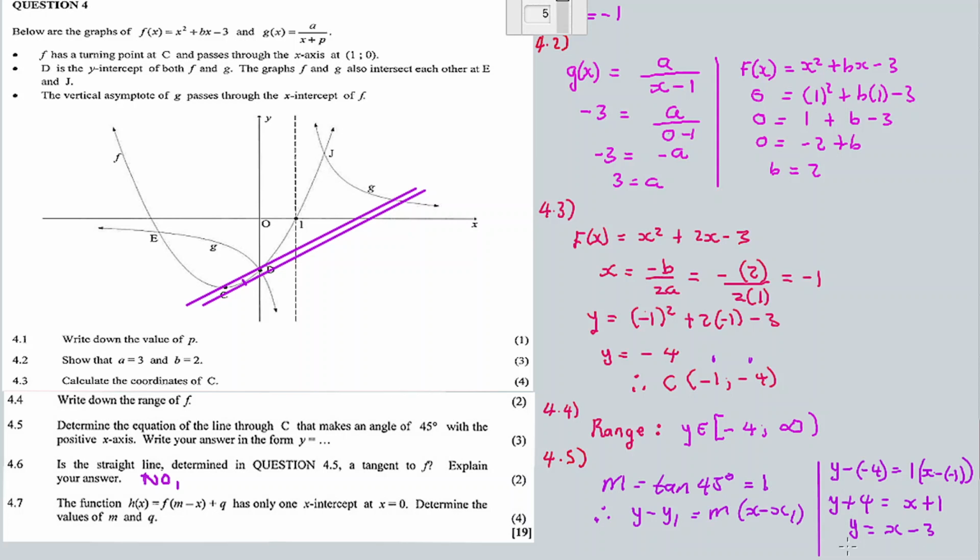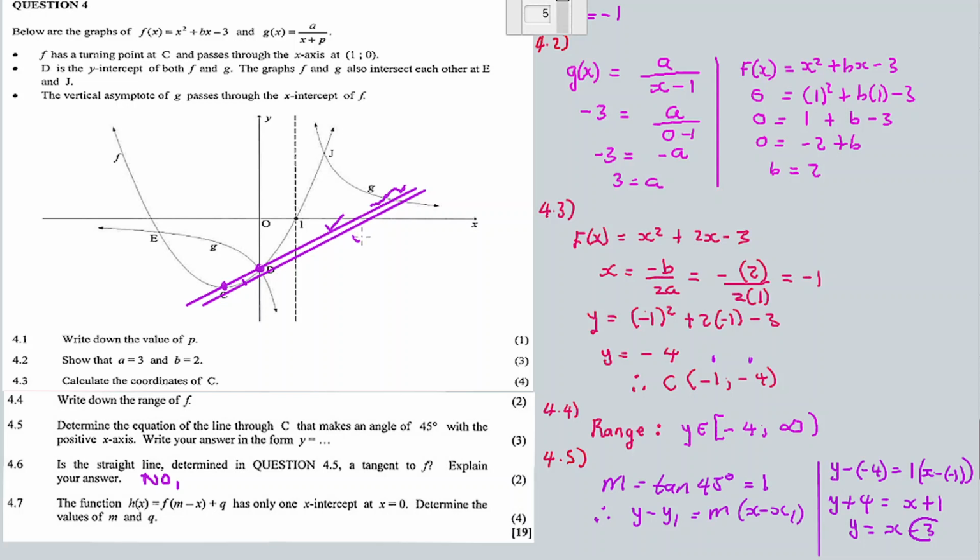Look at the equation. What's the y-intercept of y equal to x minus 3? The y-intercept is -3. So I want to draw this line in question 4.5, the one above, which passes through C as well as point D. And we know a tangent must only touch one point of the curve, right?